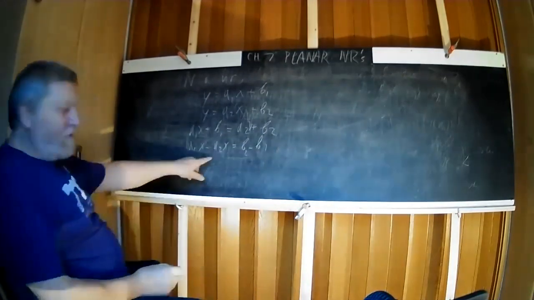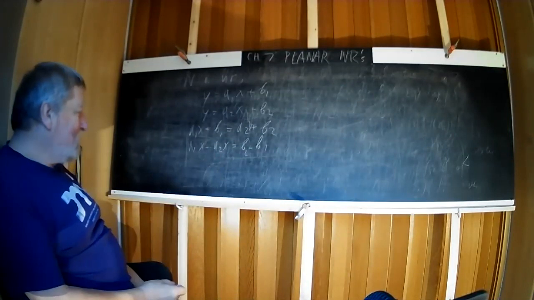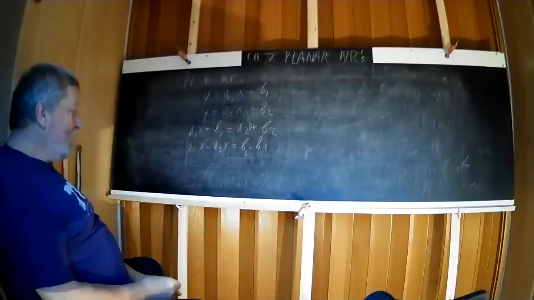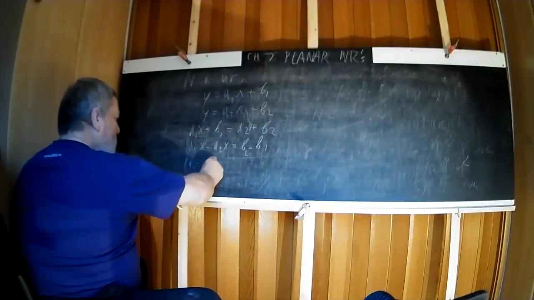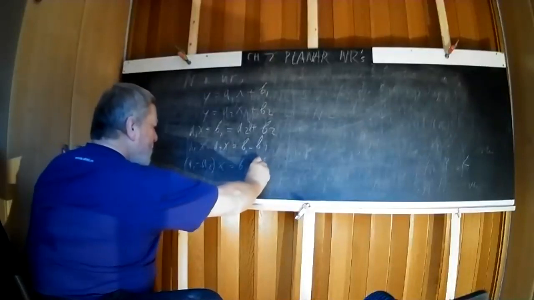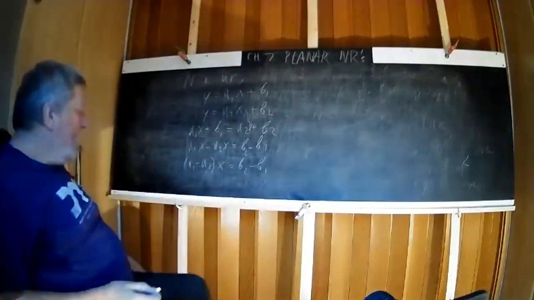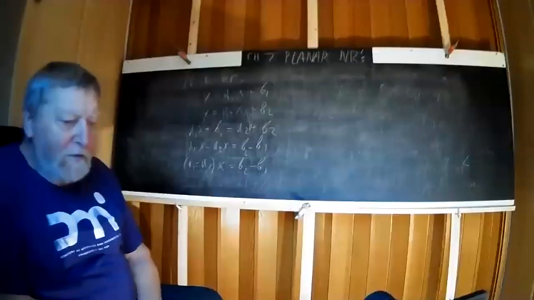And now we have just the suitable distributive law at hand to write this as (a1 minus a2) times x is b2 minus b1. And that's about the point where we can stop.